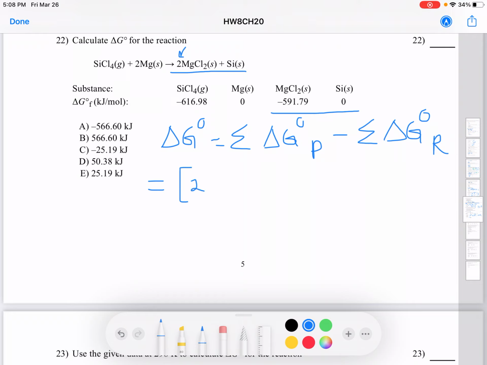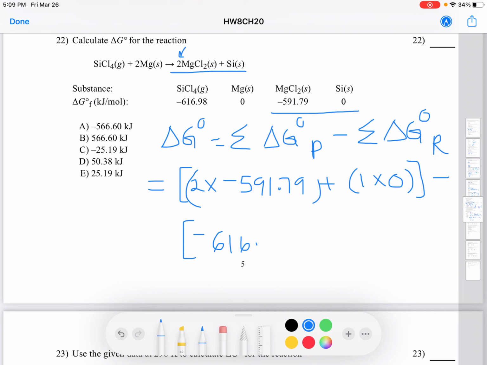So 2 moles magnesium chloride, 2 times negative 591.79, plus silicon, 1 mole times 0. Subtract your reactants, SiCl4 negative 616.98 times 1, because it's one molecule, and there are 2 magnesium, 2 times 0. So solve this and you can find the delta G naught for the reaction.